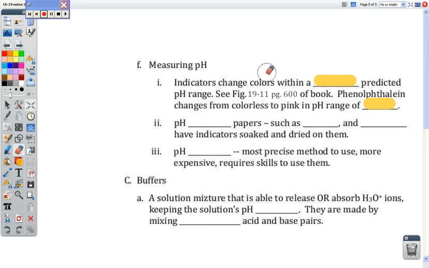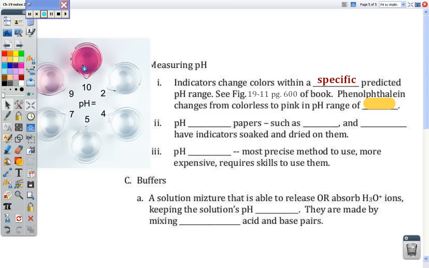Now, how do we measure pH? We measure pH using the indicators that we mentioned before. They change colors within a specific predicted pH range. So as the pH changes, so does the color. For example, phenolphthalein, which we're going to show right here, changes from colorless to pink within the pH range of 7 to 9, somewhere in there. Now, pH test papers, like litmus paper, you might have seen this before.